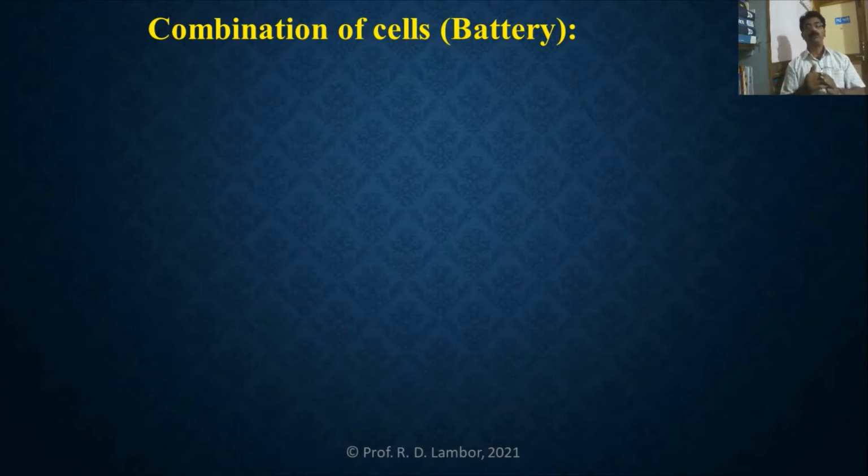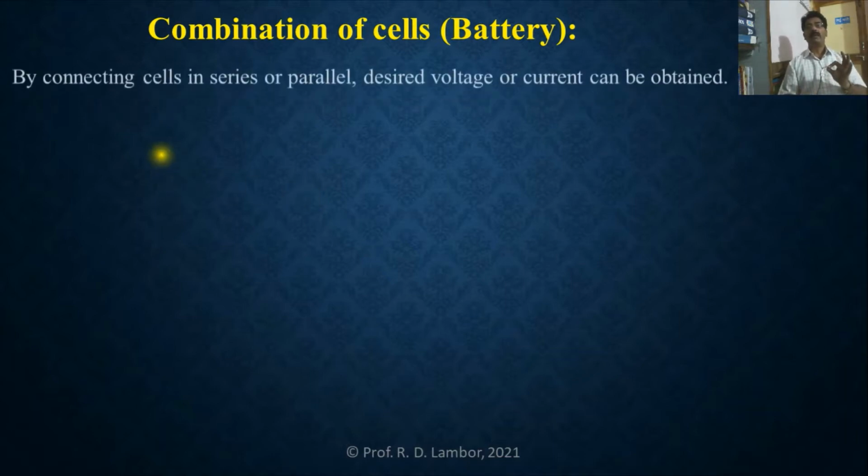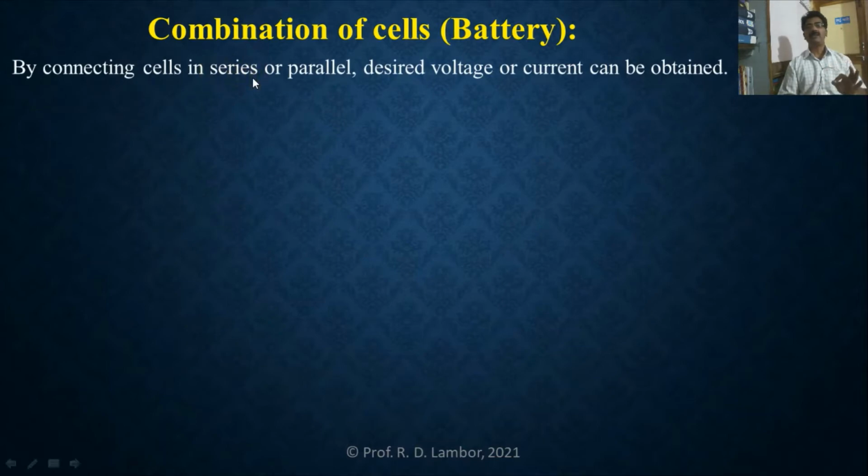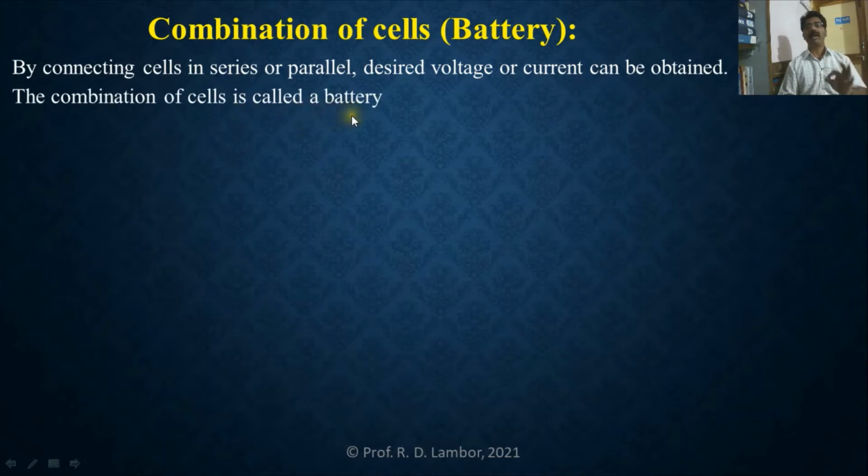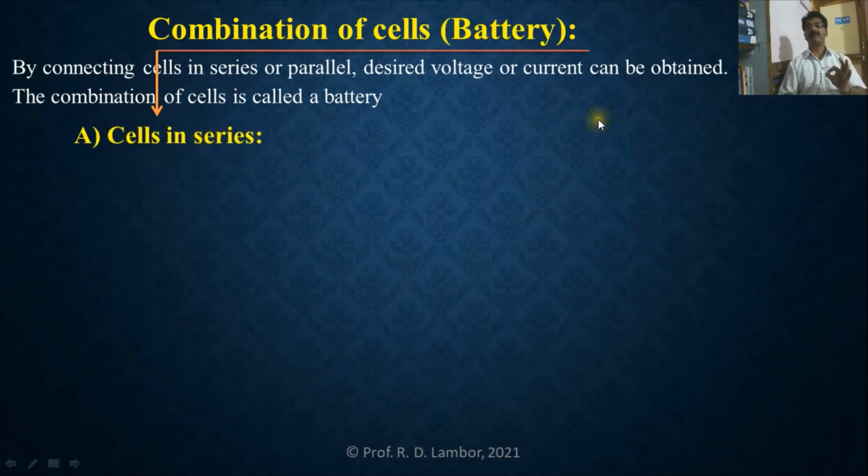And if we want to increase the current rating or current capacity of that battery, then the given cells are connected in parallel combination. So by connecting cells in series or parallel, the desired voltage or current can be obtained. This combination of cells is called a battery. There are two types of combinations of cells: first, cells in series combination, and second, cells in parallel combination.